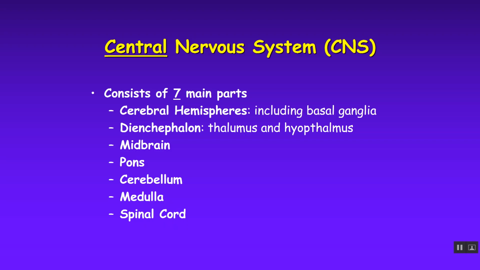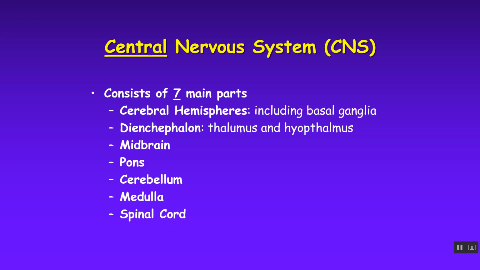Now the central nervous system, one of the other major components, CNS. Your book talks about 7 main parts. Not all books are consistent with this, but we'll go by what yours says. The cerebral hemispheres, which is what we typically think of as the brain, the wrinkly thing up here on the very top. The diencephalon, di is 2, right?